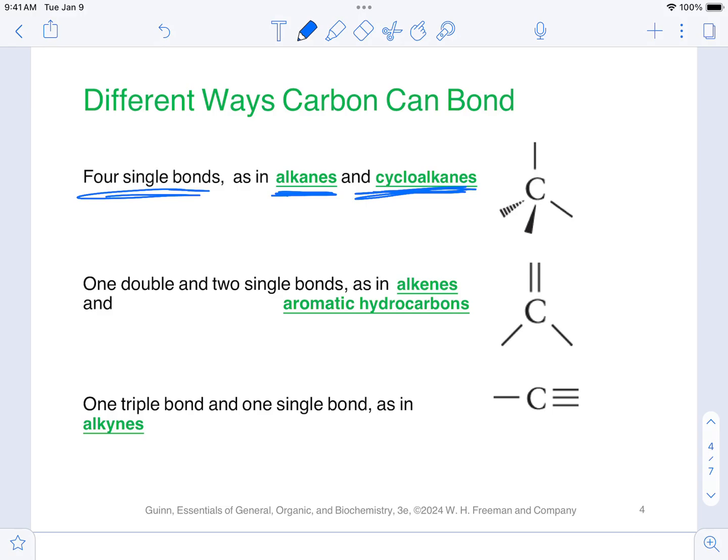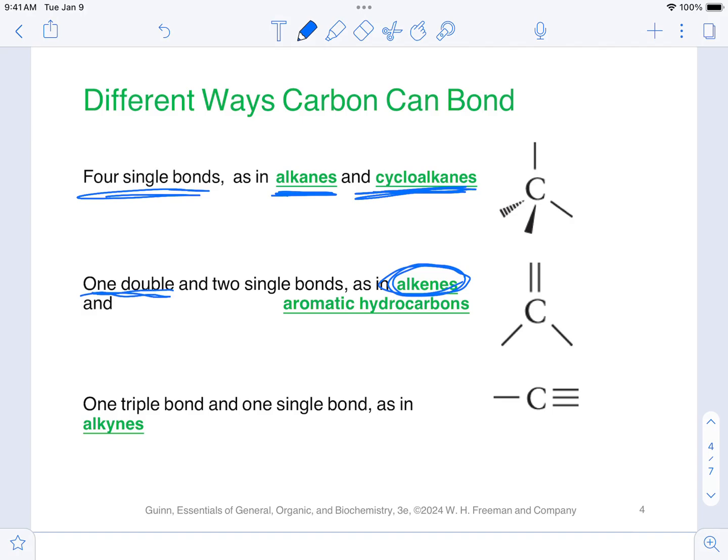If carbon has double bonds in it, whether it's 1 double bond and then 2 single bonds, or if it's 2 double bonds, that is called an alkene and an aromatic hydrocarbon.